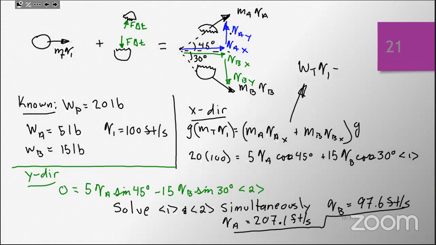The total weight is equal to the weight of A plus the weight of B dx. So I'm just manipulating the equation. Instead of dividing out by gravity to get the mass, I've decided to multiply my entire equation by gravity.